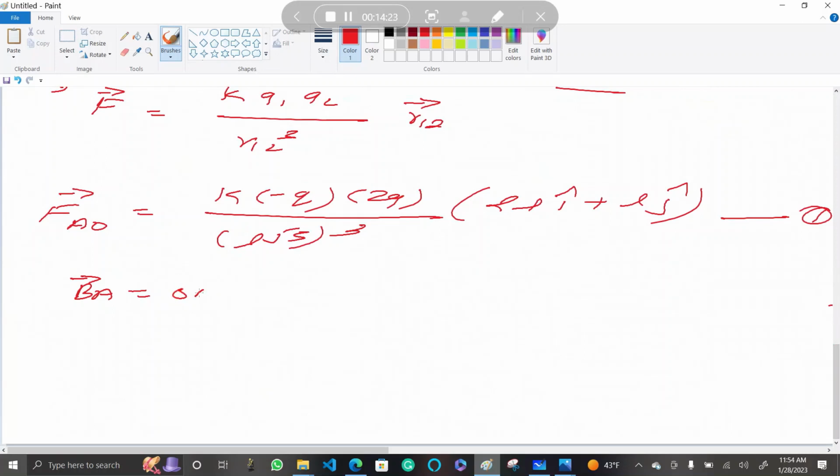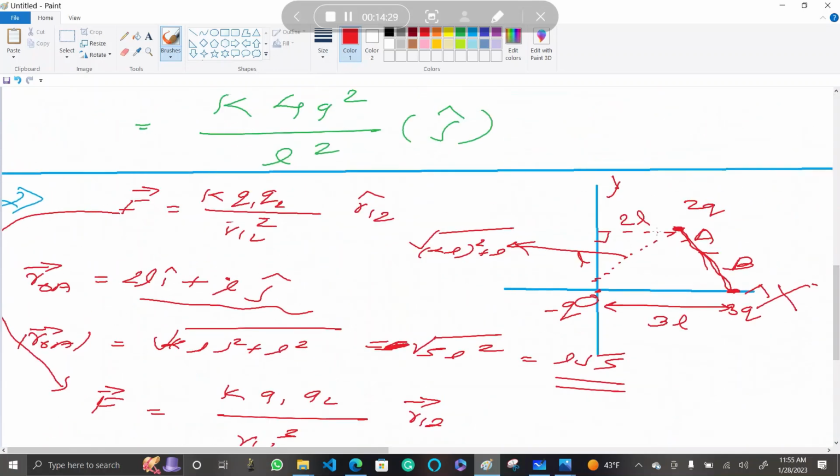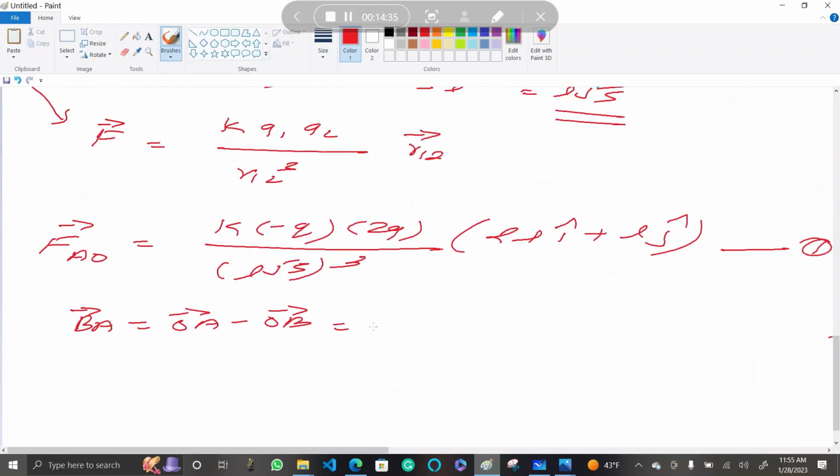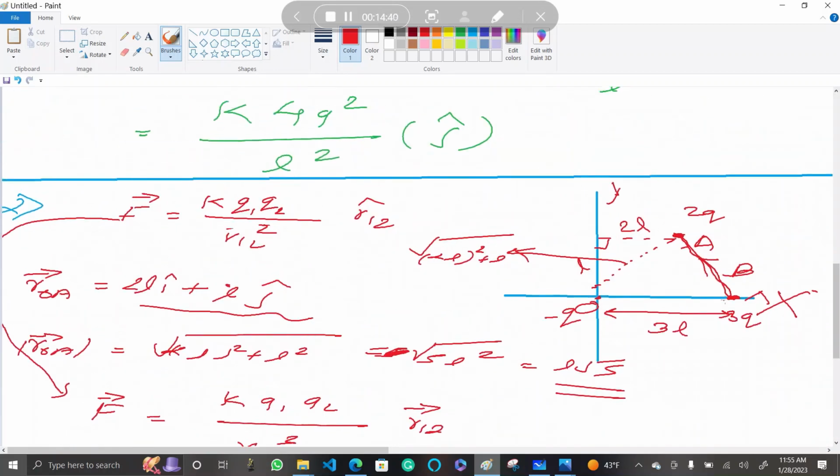is equal to OA vector minus OB vector. OA vector, as you can see from here, is 2Li plus Lj, minus OB is this one.